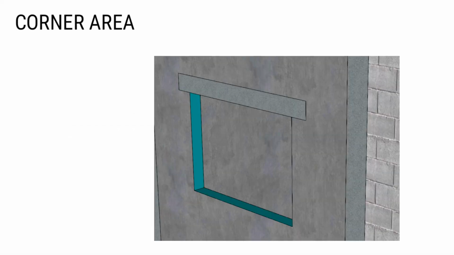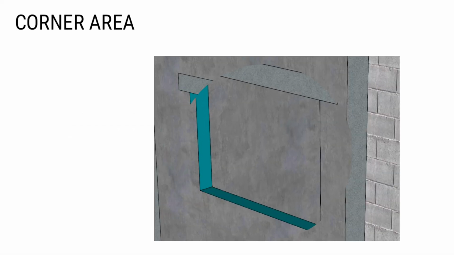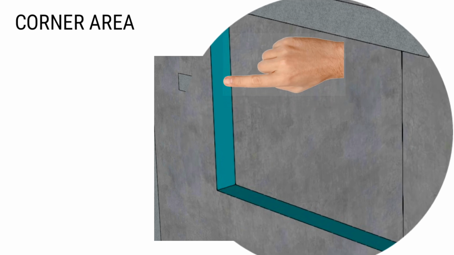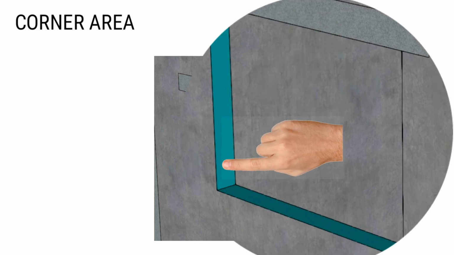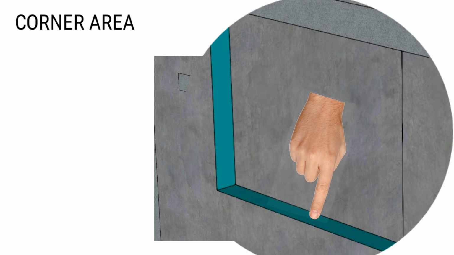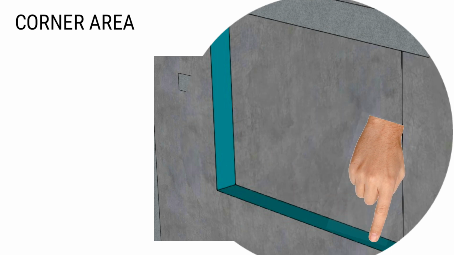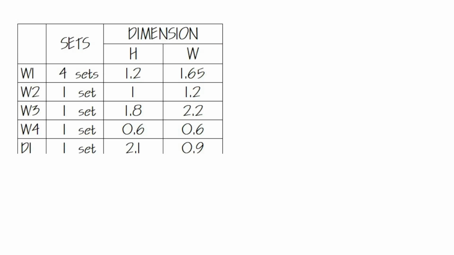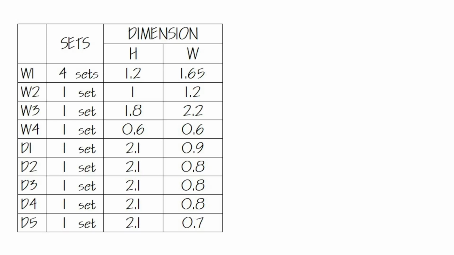Okay, so hindi pa dyan nagtatapos kasi kailangan din natin computein yung area na nasa corner ng bintana at pintuan. Okay, so ito yung mga detalye ng ating bintana at pintuan. So ito yung mga sukat na makikita natin sa schedule of doors and windows sa plano. Okay, so sample na natin itong window 1 and door 1.